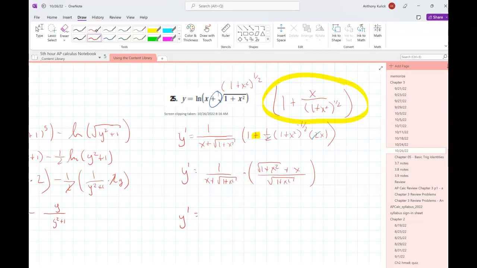Anybody see the simplifying that can happen here? So if I do that, I have square root 1 plus x squared plus x over x plus square root 1 plus x squared, times square root 1 plus x squared.